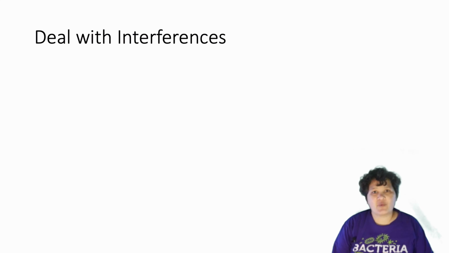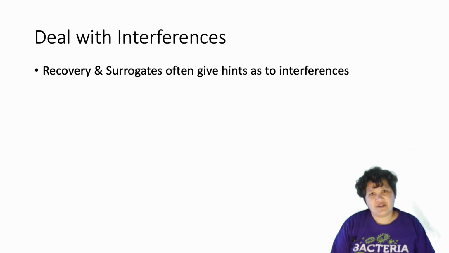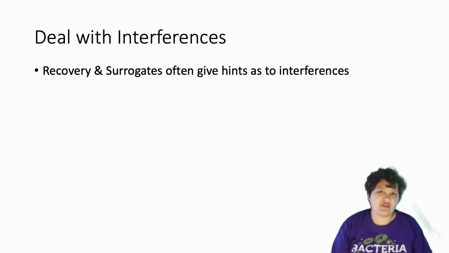Now, if you get a low recovery percentage, either for your analyte or for your surrogate, that could tell you that there's some sort of interference in your sample that's interfering with the method.